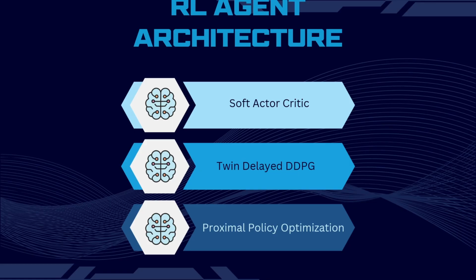PPO has a tendency of improving the current strategy directly. It uses a clipped objective function, which prevents the agent from making a change so large that it destroys the performance it has already gained. Let's say it's going in a certain direction and improving every step. Then it becomes more sensitive to the change and takes smaller steps, so that it does not lead to an episode crash in the process.